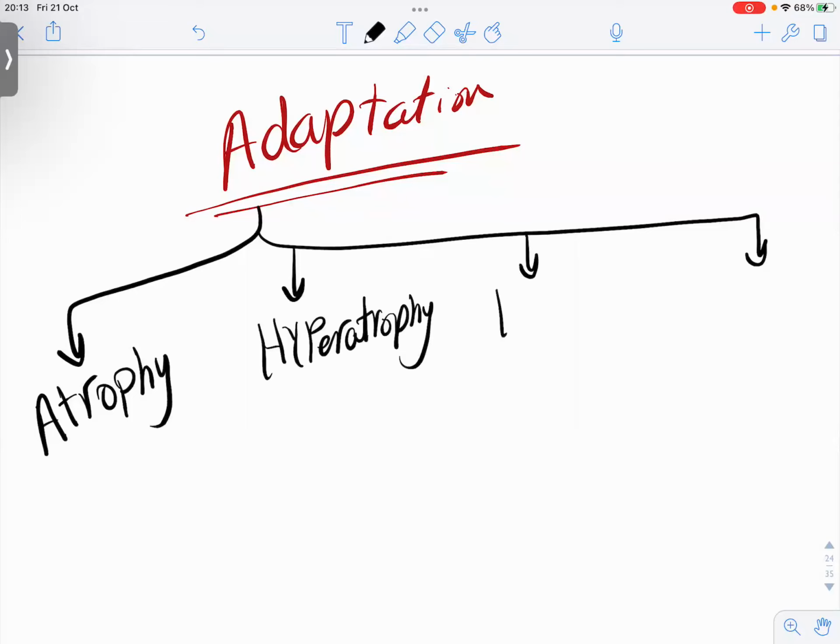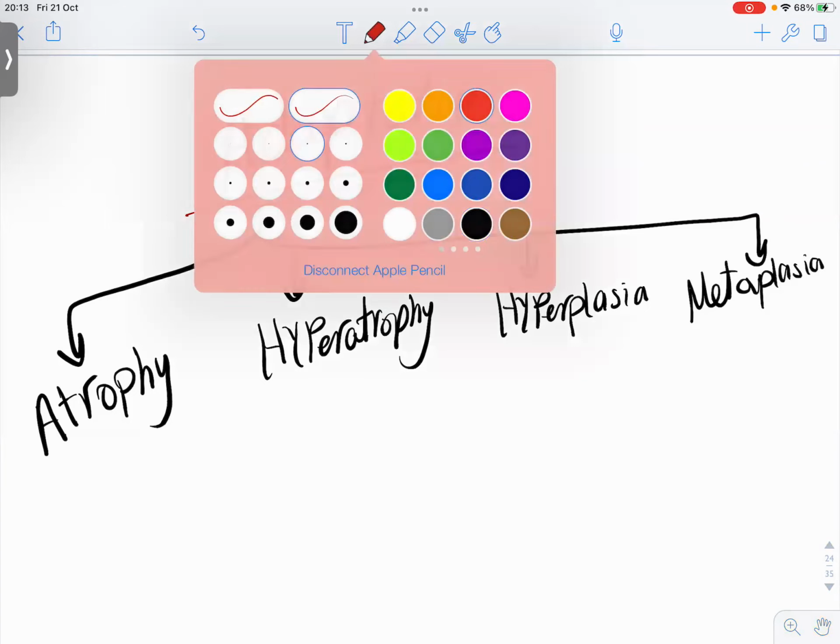Third, hyperplasia. Fourth, metaplasia. So the cell will try to adapt with the stimulus, with the abnormal environment, with these 4 features. We'll explain every feature. Atrophy, hypertrophy, hyperplasia, metaplasia.